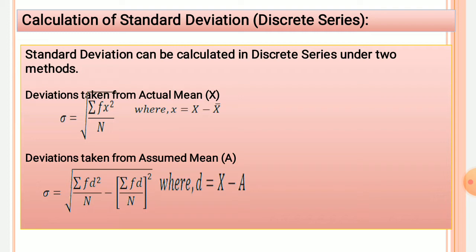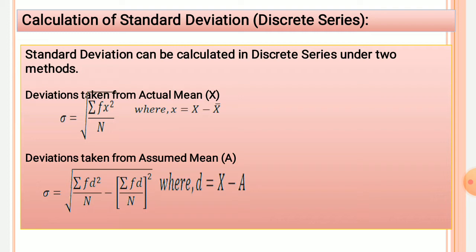And deviations taken from assumed mean, that is denoted as capital letter A: sigma is equal to root of sigma fd square by n minus sigma fd by n whole square, where d is equal to x minus a.